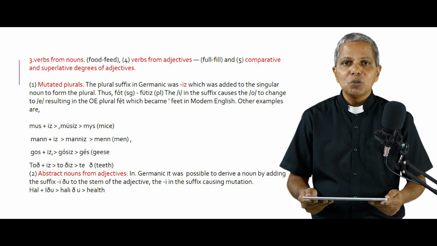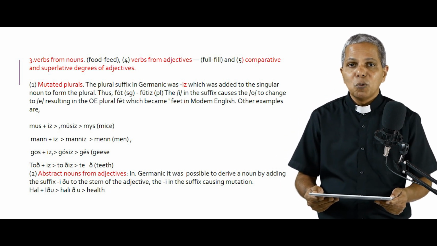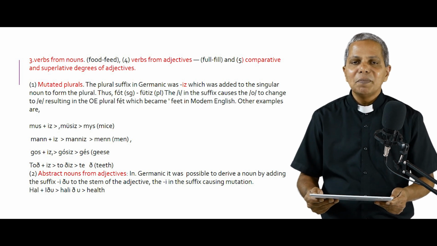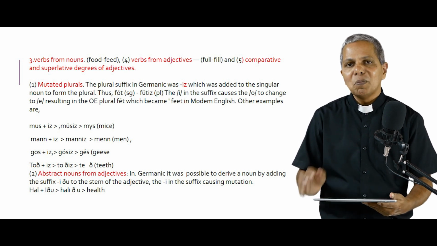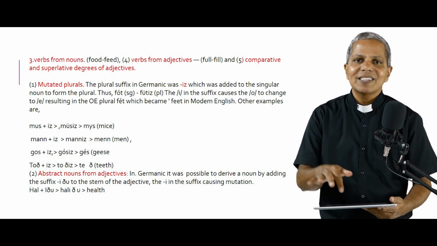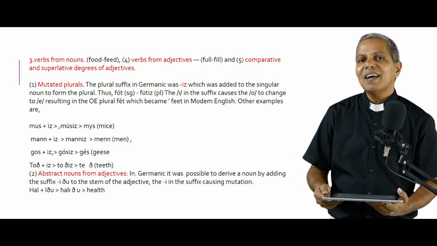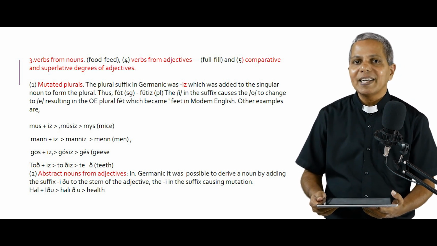For example, mus was a word in Old English. Mus, and its plural becomes mus plus iz. It doesn't become muses, because of this umlaut or IJ mutation. That u sound gets transformed and it becomes mice. That is why we have mouse and the plural is mice.